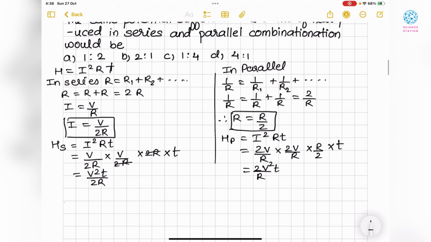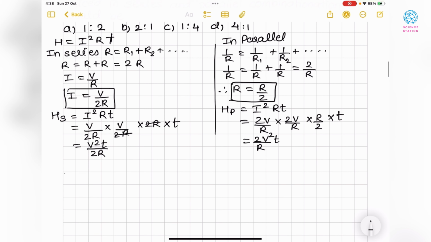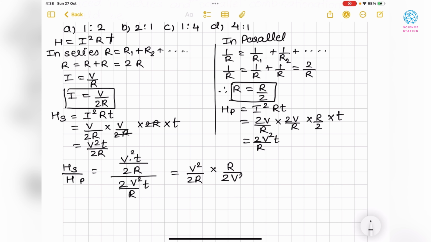So now he has asked me the ratio. So HS upon HP will be equal to V square T upon 2R whole upon 2V square upon R into T. So that will be V square upon 2R into R upon 2V square.